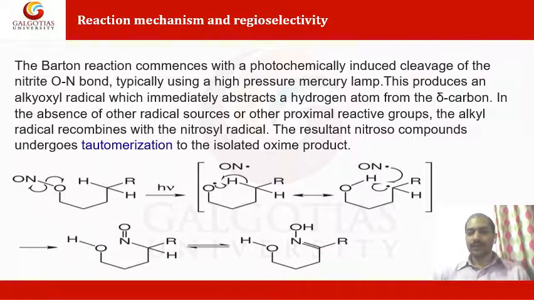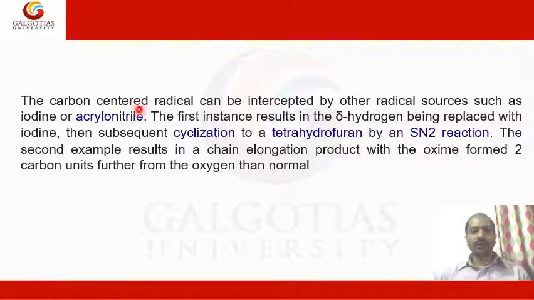So here the carbon centered radical can be intercepted by other radical sources such as iodine or acrylonitrile. Other compounds or other radicals can intercept the radicals if you want to intercept that.